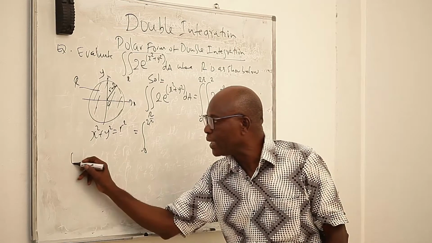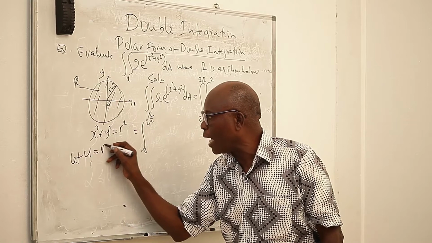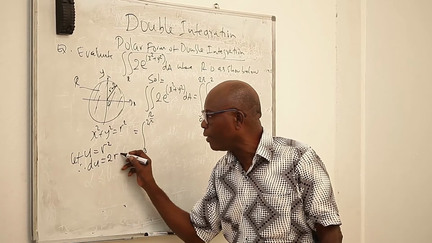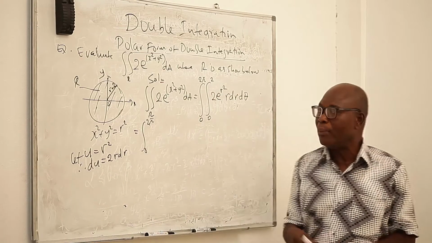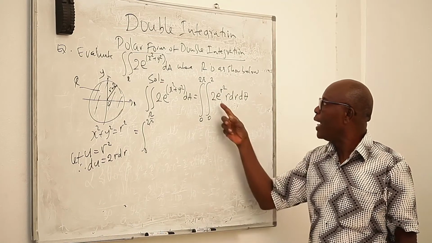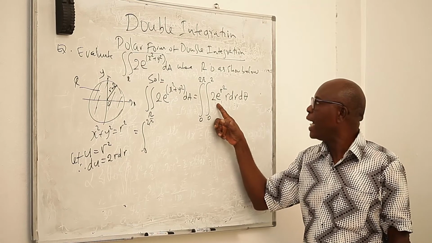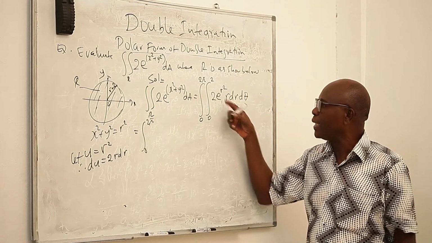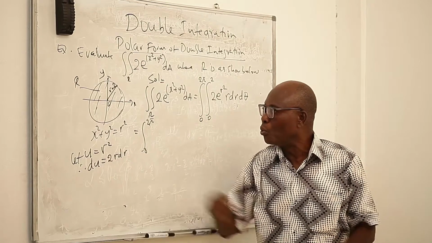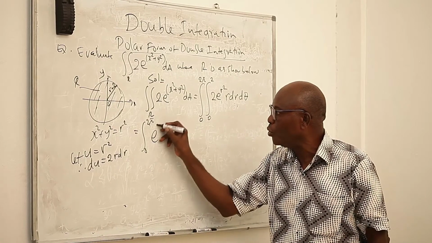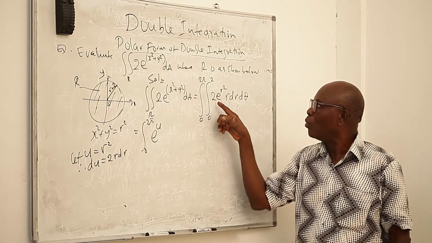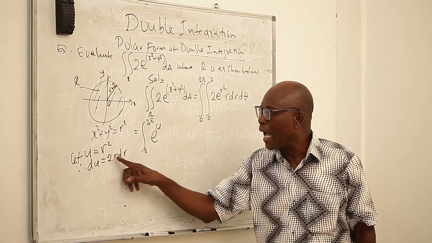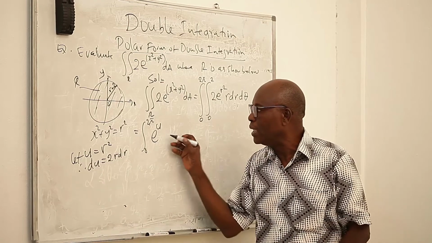We let u be equal to r squared. Therefore du becomes 2r dr. Integrating the inner part, exponential r squared, but r squared is u, so we're going to have exponential u. Now we are left with 2r dr, and 2r dr will give us du.